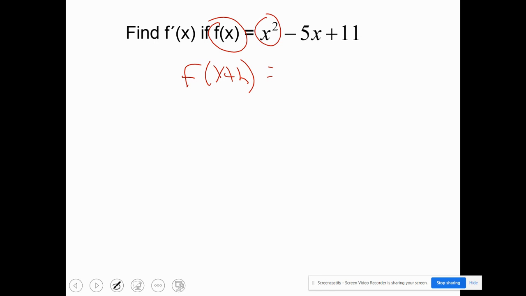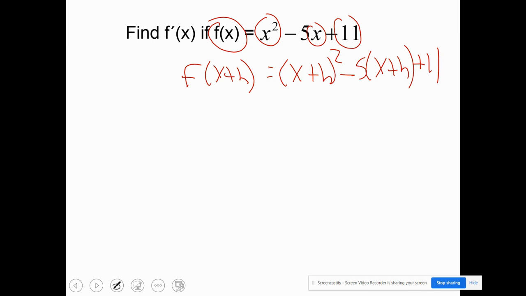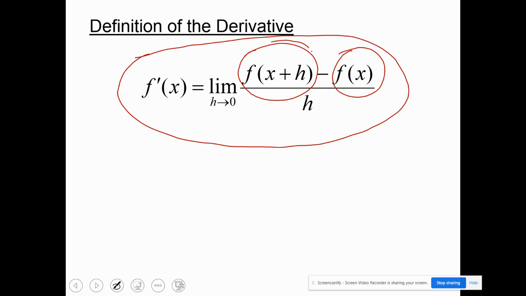So if you plug it in here, you'd have x plus h squared. If you plug it in here, you'd have minus 5 times x plus h. And if you plug it in here, well, there's nowhere to plug it in, you're going to be left with 11. These are the two functions that you need. f of x plus h minus f of x over h.